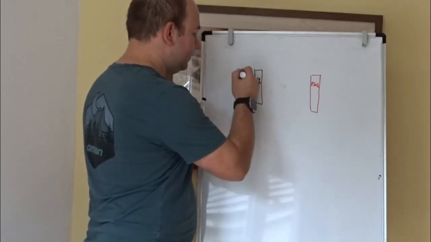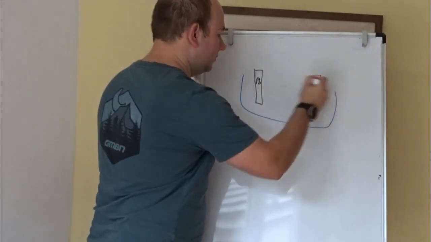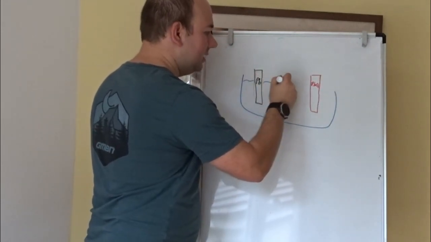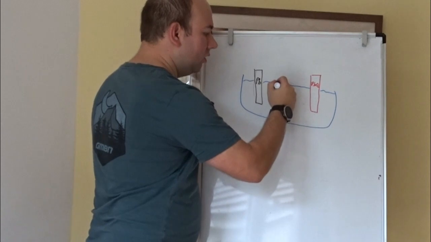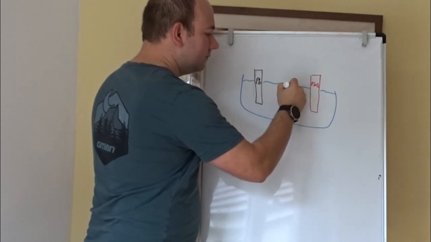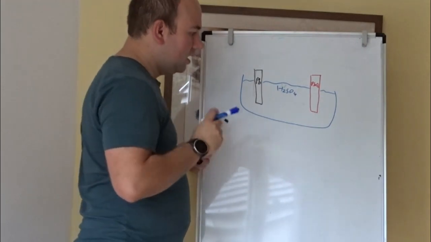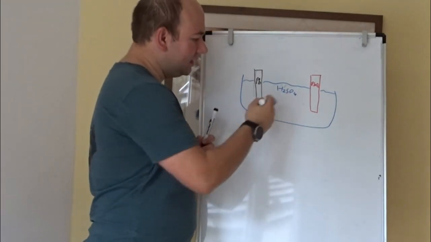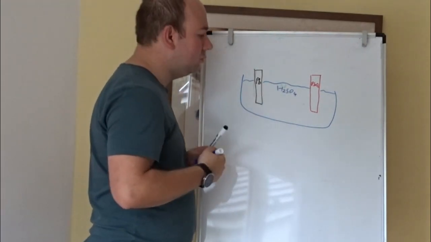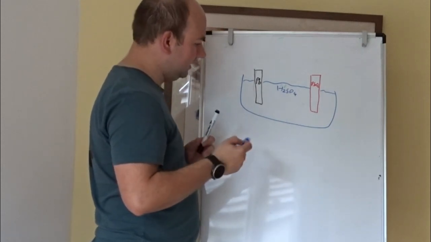So if I draw a bottle or a container with a liquid in it of sulfuric acid, which is H2SO4. So, and there's also some water in this as well, because you need water for your acid to dissociate in.